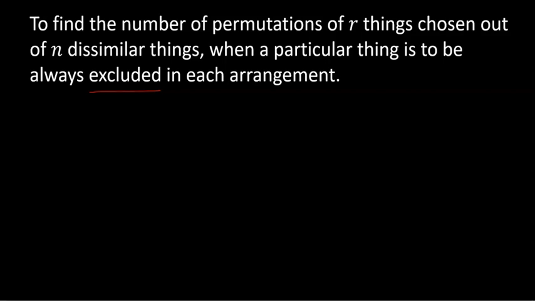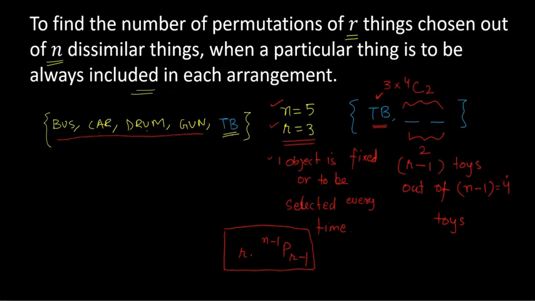If I go to the previous one once again, and I'm saying the teddy bear is never to be selected, then fundamentally I'm left with a simple concept: there are n minus 1 objects left instead of n, and I have to select r out of them, because I still have to select 3 toys out of 4 now, as the teddy bear is out of the equation.